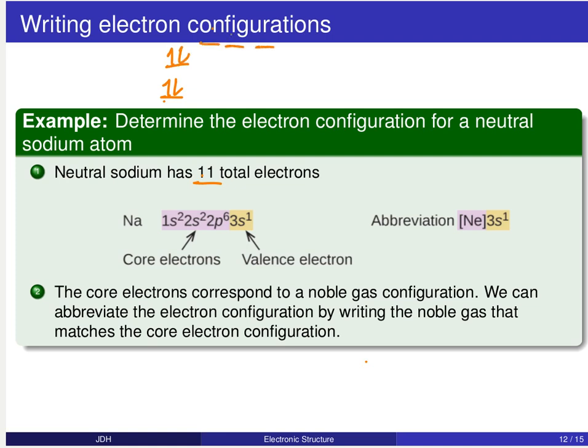Then we completely fill up the 2p orbitals, and the remaining electron is going to jump up to a higher shell. Using the terminology we discussed on the previous slides, that highest energy electron in the 3s orbital is our valence electron, and all of the electrons in the 1s, 2s, and 2p orbitals are core electrons.